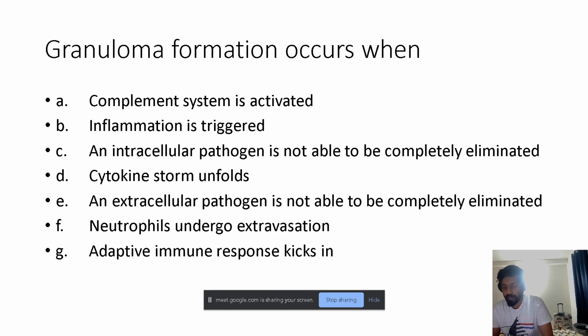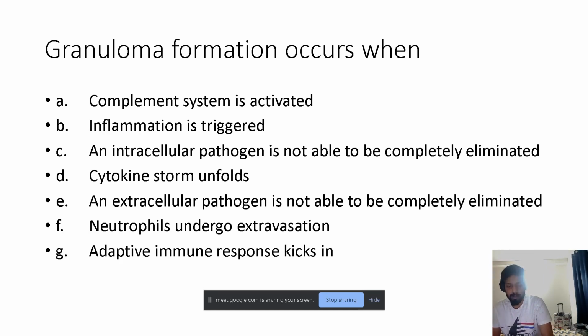Okay, so granuloma is most often observed in tuberculosis, right? To briefly explain what happens, this Mycobacterium tuberculosis, the bacteria, will enter the lung and get engulfed by the macrophage, right? So macrophage will eat it up, but the problem is the bacteria is able to survive in the extremely low pH of the macrophage's lysosomes.